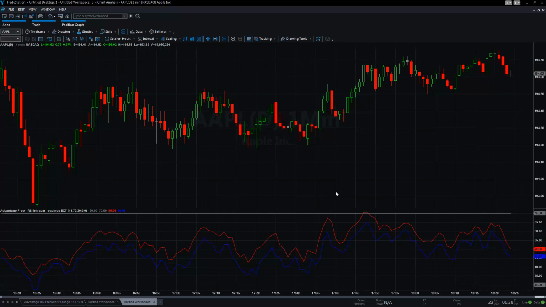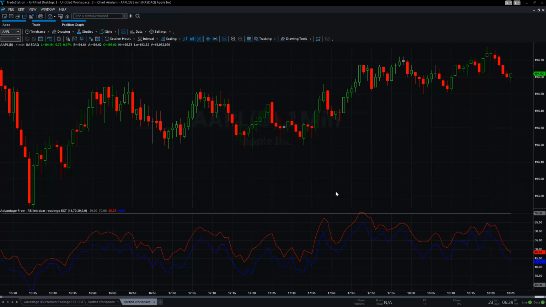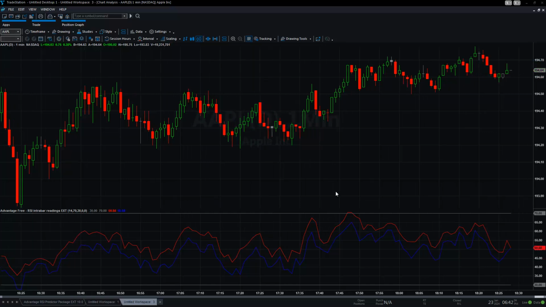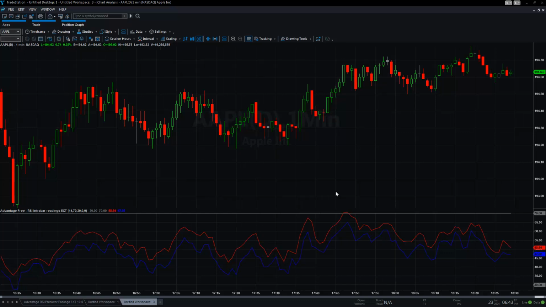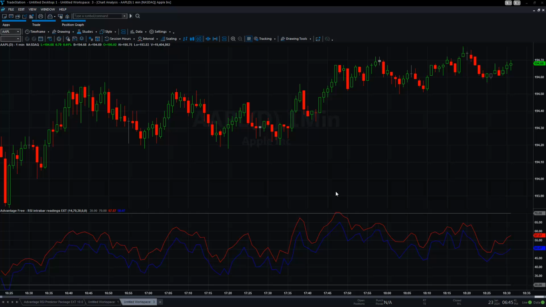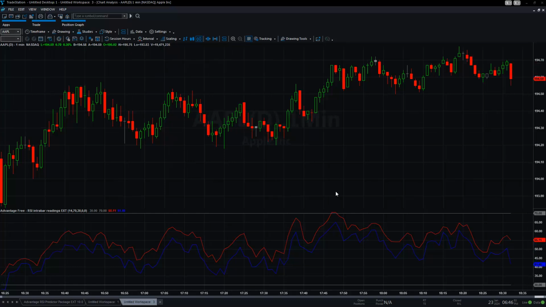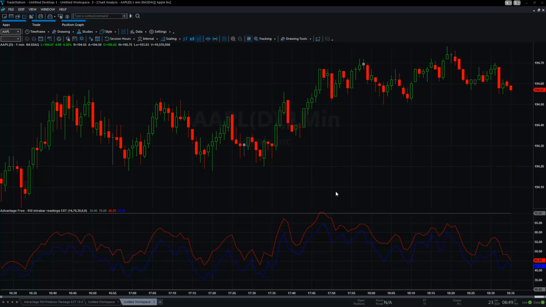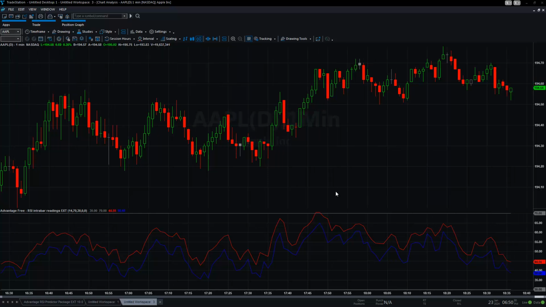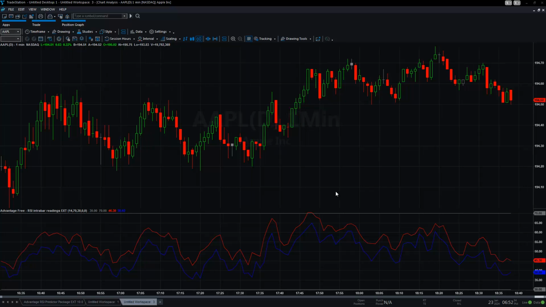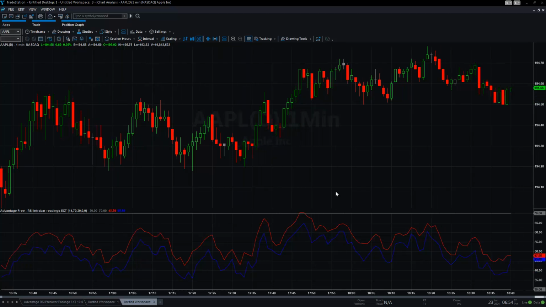Let's call it a high watermark, while the blue line shows the lowest RSI reading within the same bar. Let's call it the low watermark. This dual line approach provides a more detailed view of the RSI intrabar behavior, offering insights into its extreme high and low values during the bar formation.